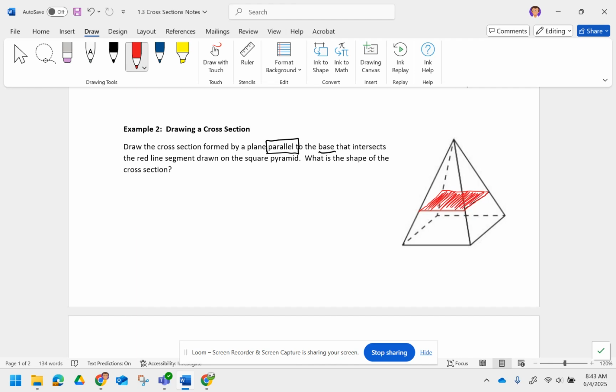And what is the shape of that? Let's see. Square. So because this was a square pyramid and we're parallel to it, it's going to be smaller than the base square, but it's still going to be a square.